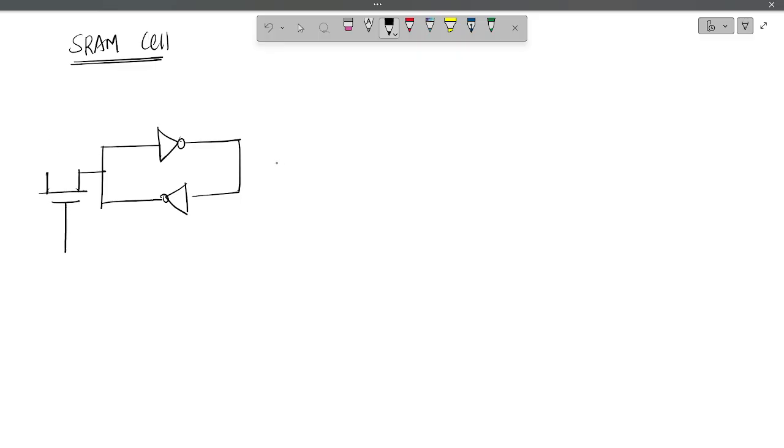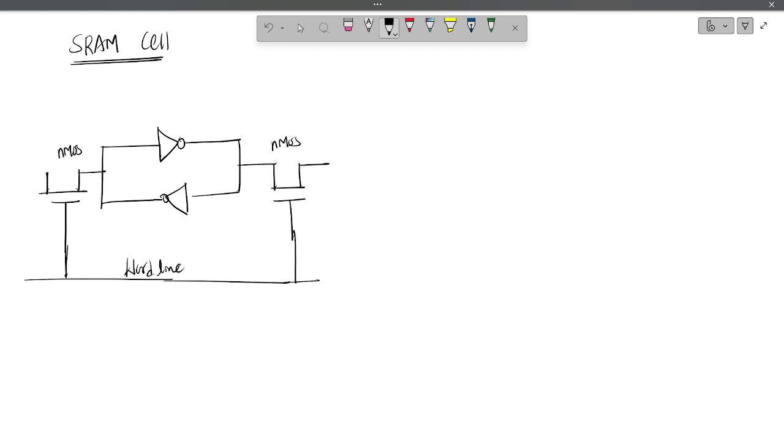This is one pass transistor and this is one more pass transistor. Normally this is which type of transistor? I told you, no, NMOS. This is given to which line? This is nothing but what we call the word line. And this is B, and this is B bar.